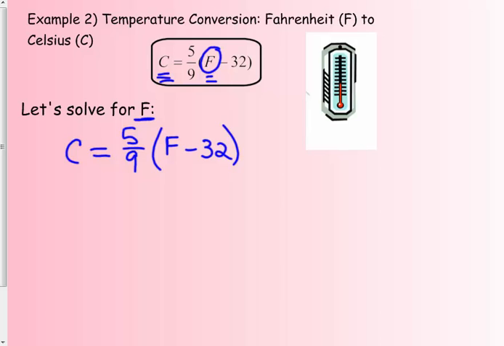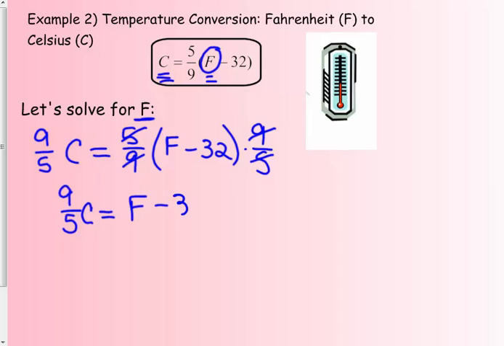First thing I would do would be to clear this rational. So I'm going to multiply both sides of the equation by the multiplicative inverse, 9/5. So then I can cross cancel my 5/9 and my 9/5, and I have 9/5 of Celsius is equal to, I don't need those parentheses anymore, Fahrenheit minus 32.